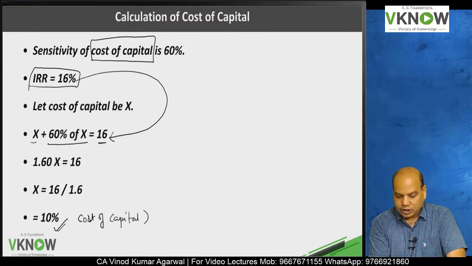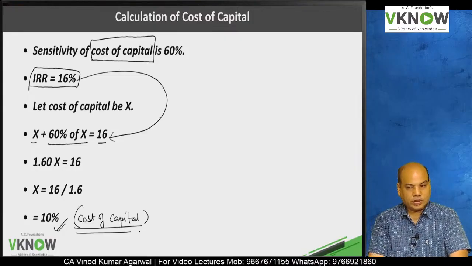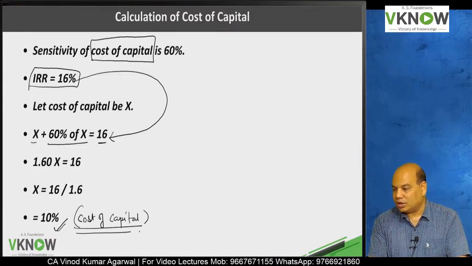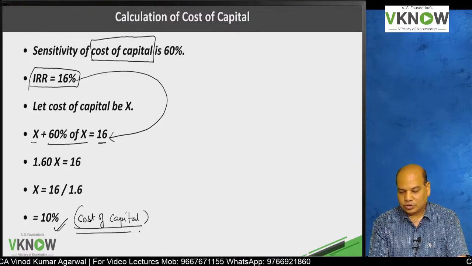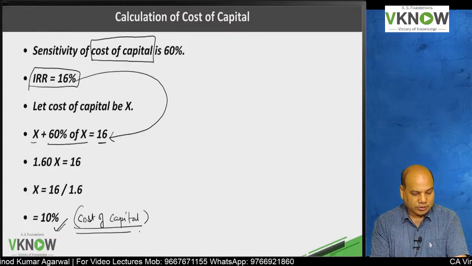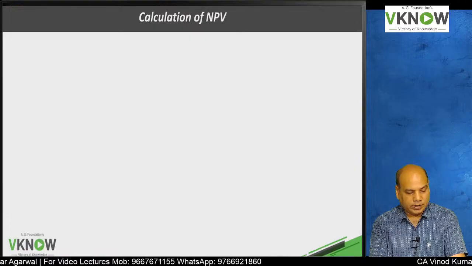NPV is calculated using cost of capital as a discount rate, not IRR. If you take IRR, it will be 0. Then there is no need of calculation. Now write down calculation of NPV.